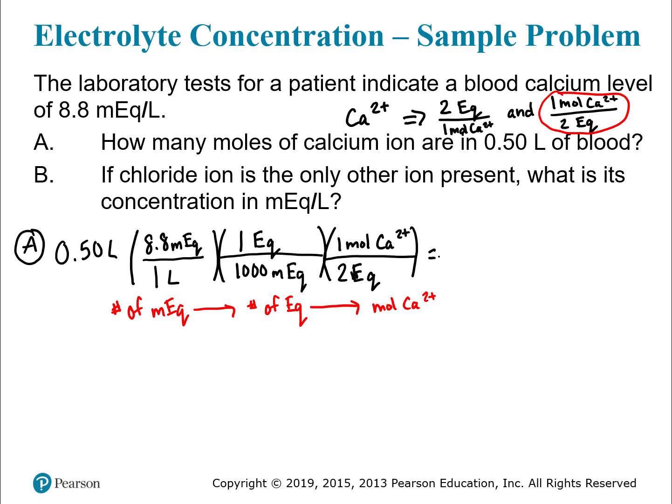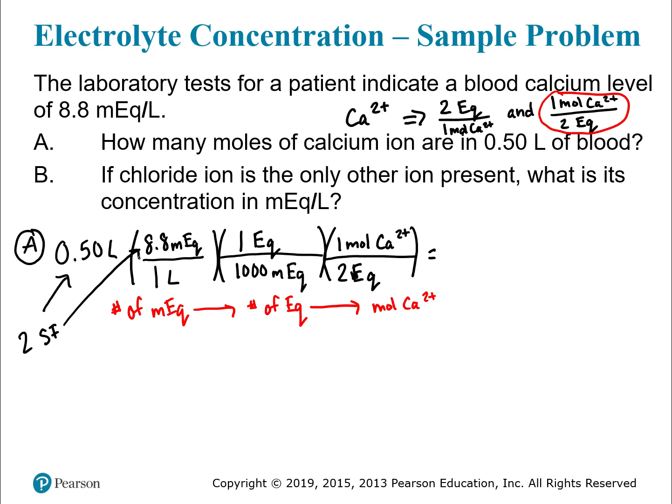So we've got a lot of numbers here, right? Which ones do we need to care about when it comes to sig figs? The volume has 2 sig figs. So does the concentration. All of these other numbers are exact.